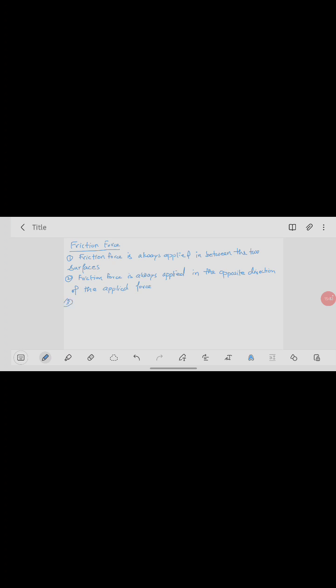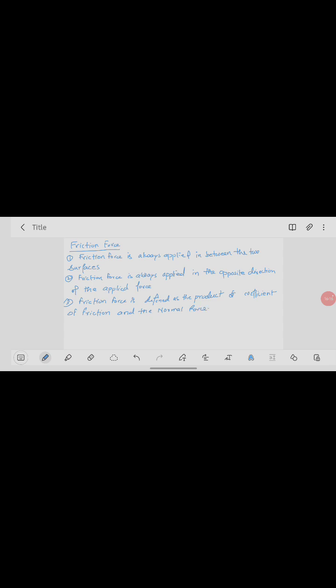The third thing, friction force is defined as the product of coefficient of friction and the normal force.